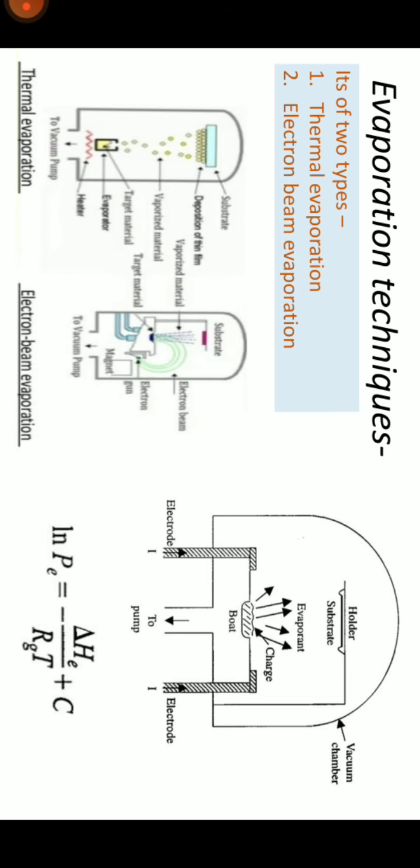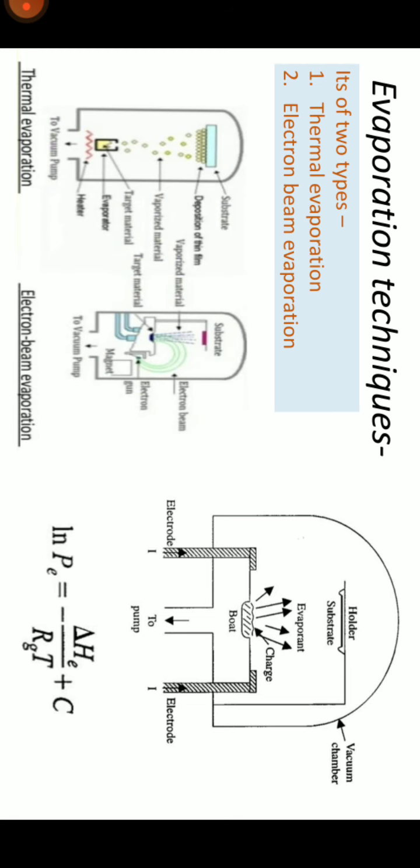The desired vapor pressure of source material can be generated by simply heating the source to elevated temperatures, and the concentration of the growth species in the gas phase can be easily controlled by varying the pressure and the source temperature.